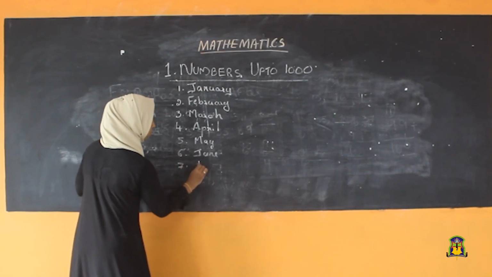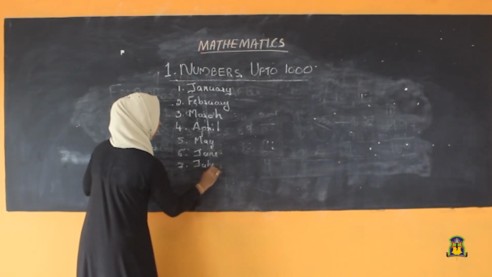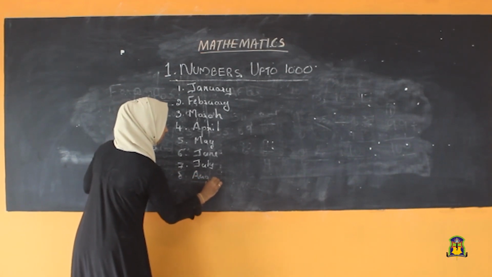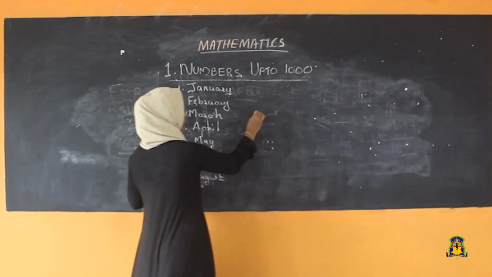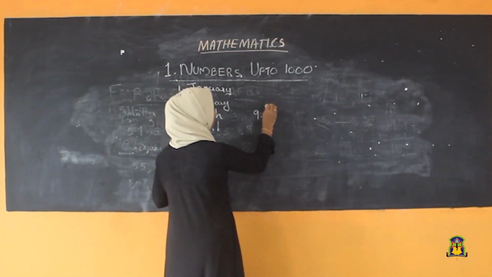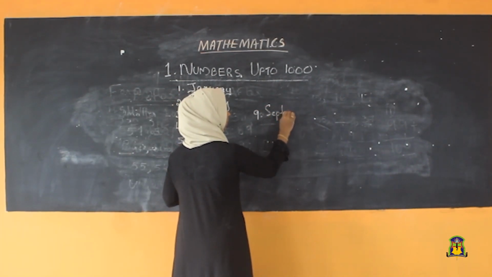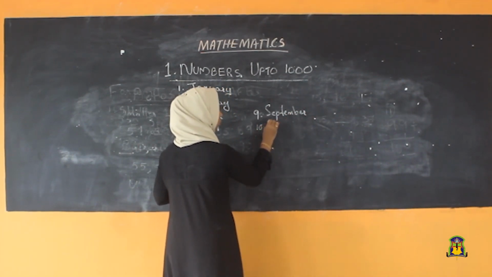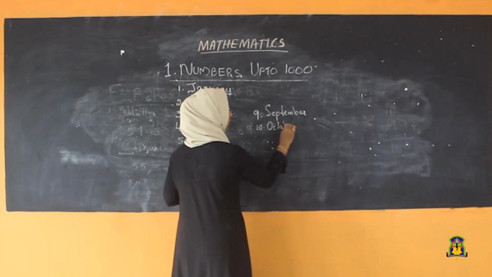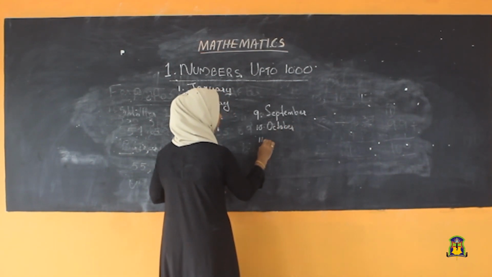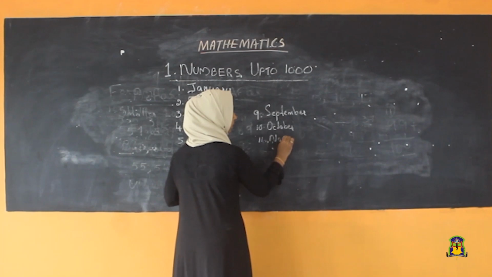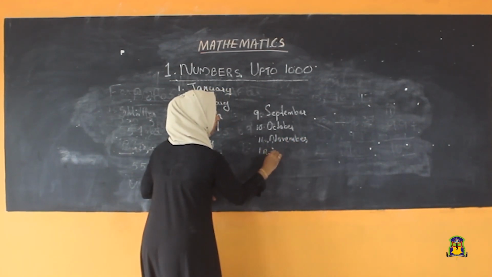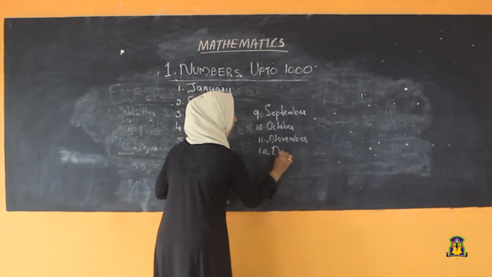Seventh one, July. Eighth one, August. Ninth one, September. 10th one, October. 11th one, November. 12th one, last one, December.